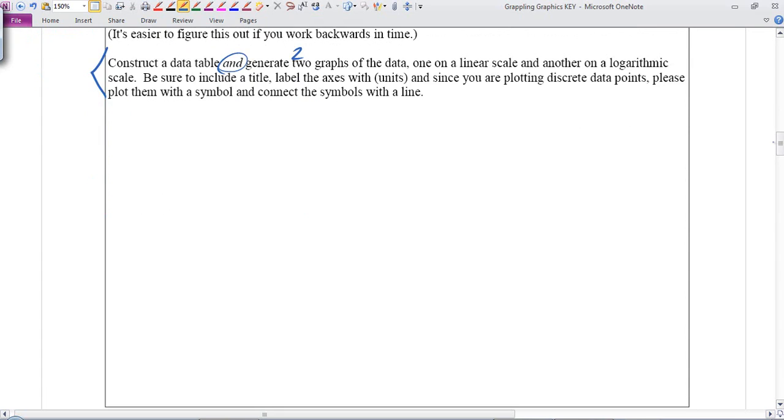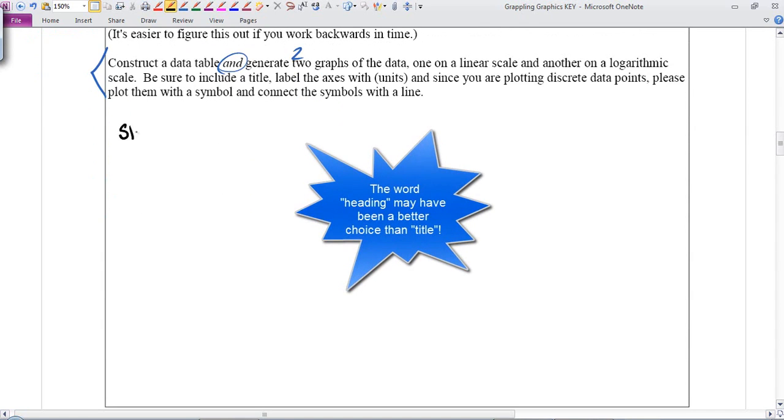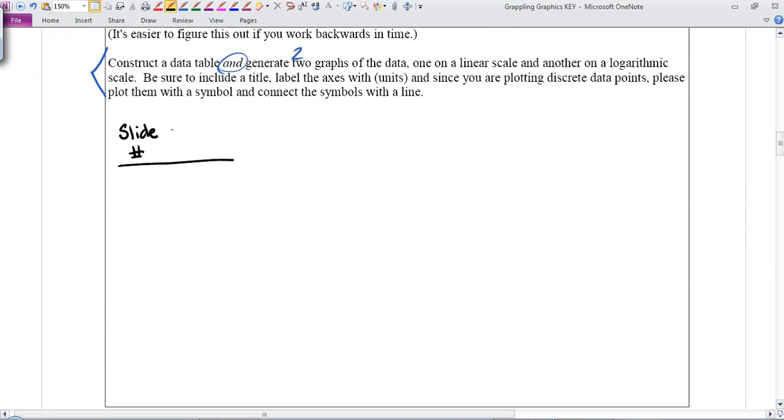All right, so what's the first thing we need to do? We need to get this data. So we have 15 slides. Data tables have titles at the top. Slide number is a good title. And then students paying attention.